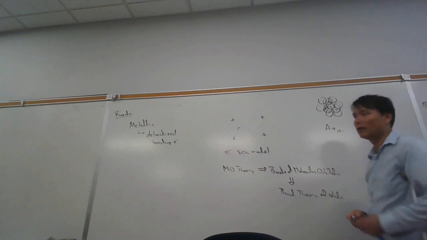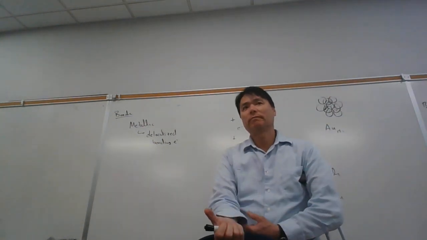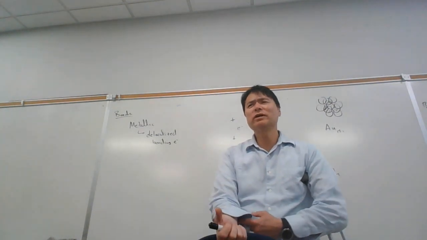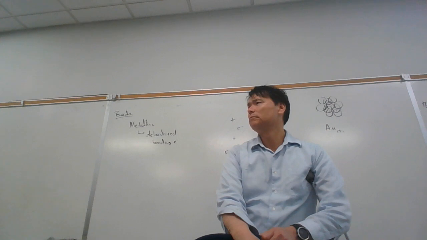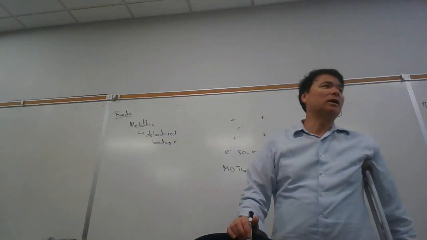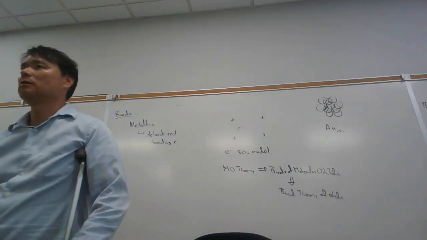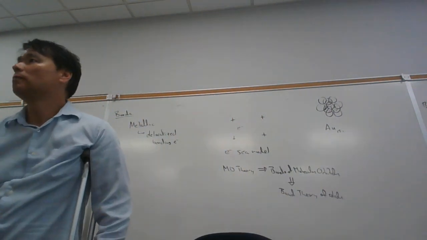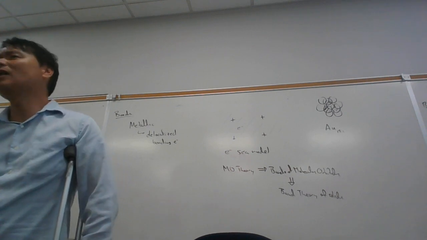From very weak, like mercury. You know, mercury is a liquid at room temperature, but mercury is a weird one. It's an unusual case. But what metals have weak bonds? The alkali metals.